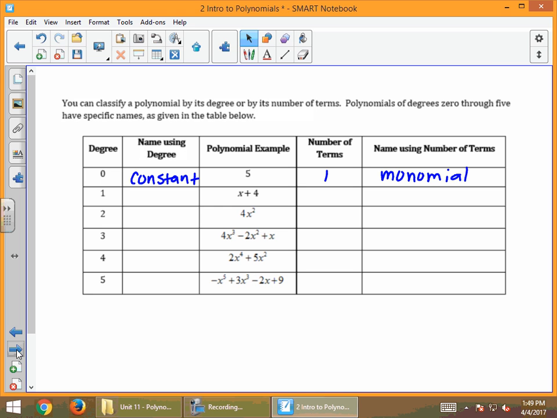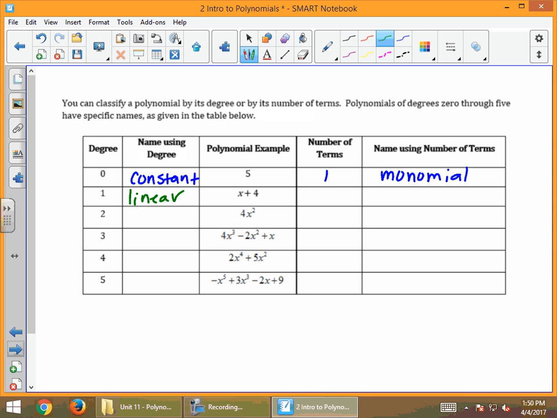A polynomial with a degree of 1. Let's look at an example. If we were to graph that example, we would get a straight line. So what kind of math word sounds like a line? Melvin? Yeah, linear, very good. The polynomial with a degree of 1 is linear.